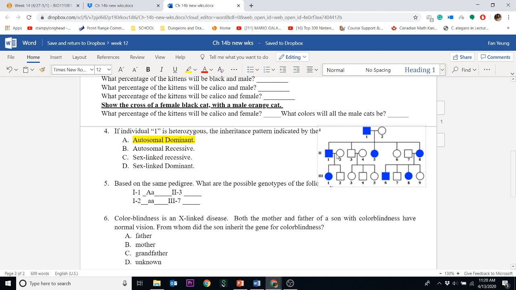Just remember, Misty, when I ask for genotype in a genetics question, as I mentioned in the live stream in the first genetic lecture, it's always 2 alphabets, uppercase or lowercase. Each alphabet represents one allele from the homologous chromosome.